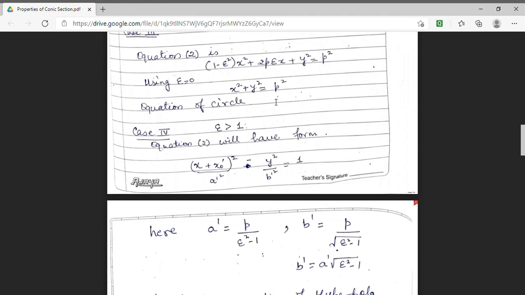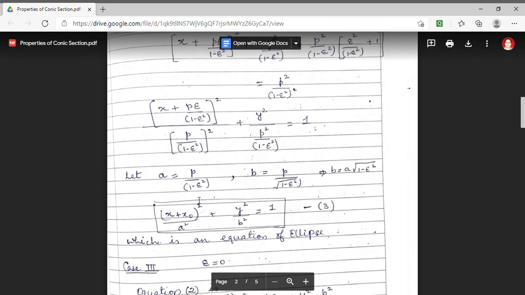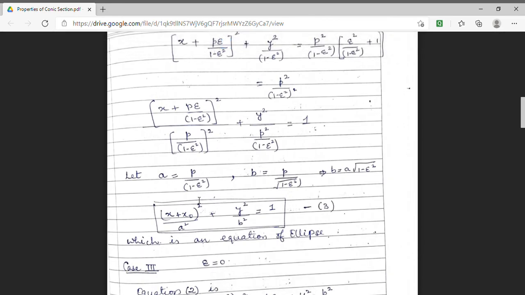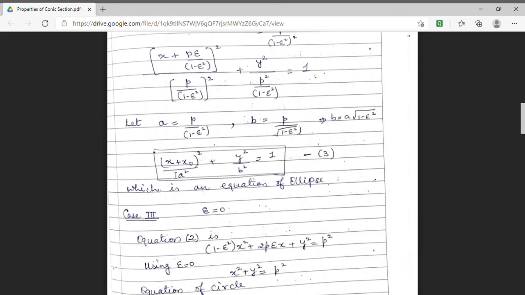This expression can be obtained from the general expression, using the second case, in which we have epsilon less than 1, with a sign change of minus. Here, instead of a being p upon 1 minus epsilon square, we will have a dash being p upon epsilon square minus 1.